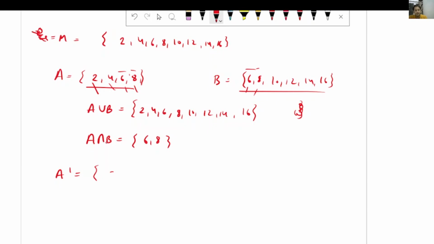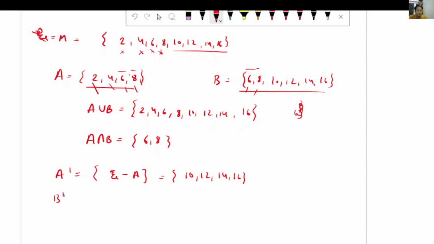But what you need to include in A dash is the universal set minus set A. What is included in the universal set? All the elements, but you should not include 2, 4, 6, 8. So I will not include 2, 4, 6 and 8, and I will write all the rest here. That will be my answer for A complement: 10, 12, 14 and 16.